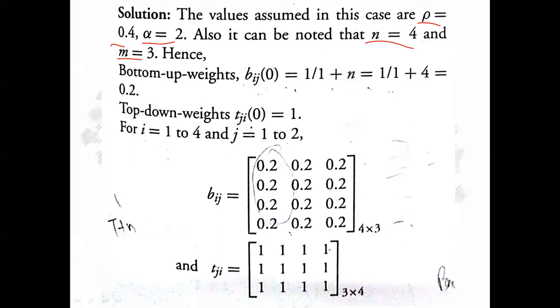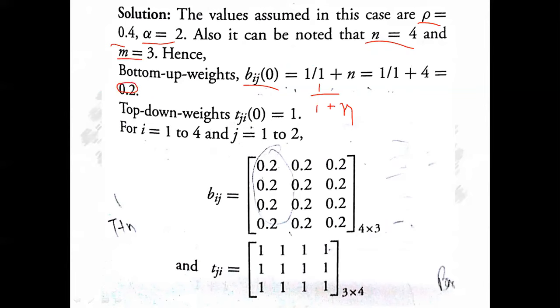Your bottom up weights, or you can say your Bij matrix, is to be initialized using the formula 1 upon 1 plus n. So n in this case is equal to 4. So 1 upon 1 plus 4 comes out to be 0.2.